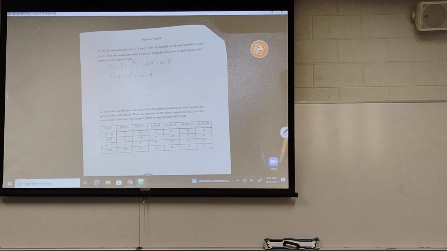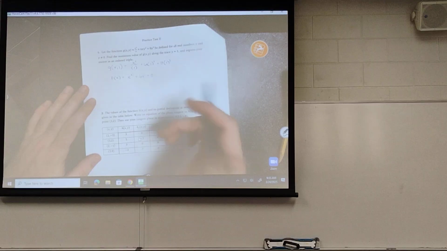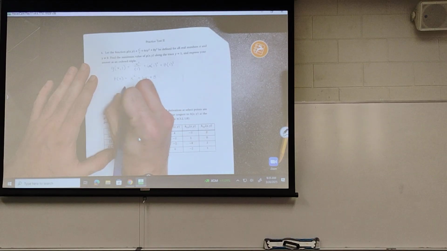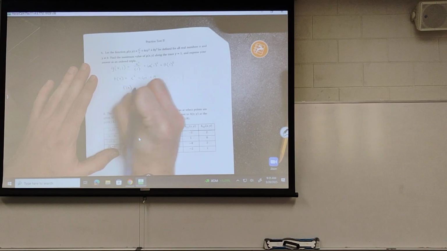So now I have the curve, that rubber band. How can I find the critical point along that band now? Do the derivative and then set it to 0. Set f prime of x to 0.